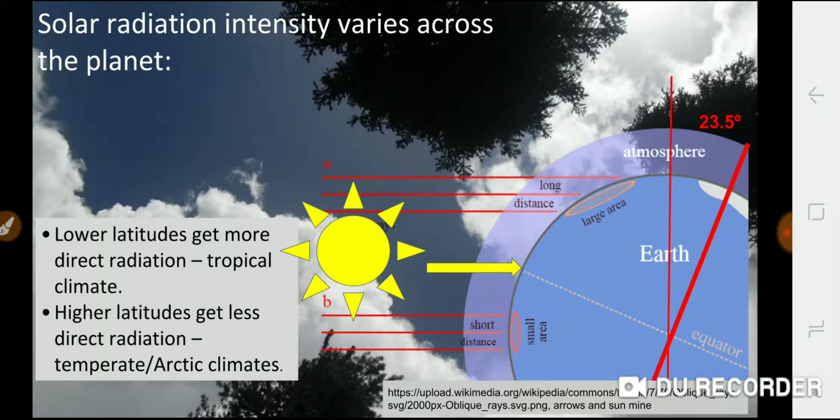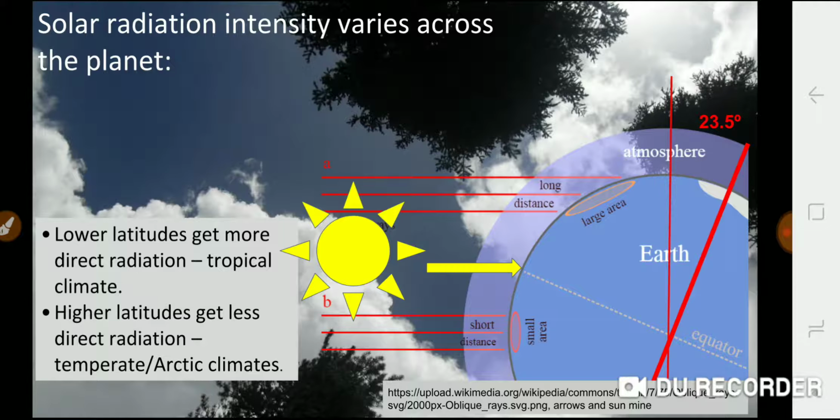So as we look at the Earth and the Sun here, not exactly in relative position, but just in geometric position, we see that the sun's rays do not hit the Earth straight on because the Earth's axis is tilted 23.5 degrees. So in this picture, the Earth's axis is tilted away from the sun.